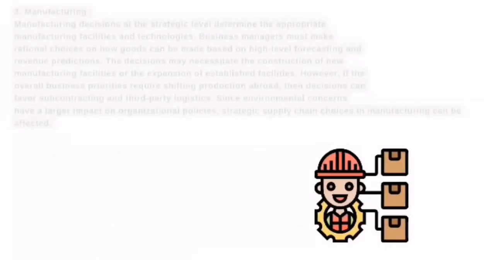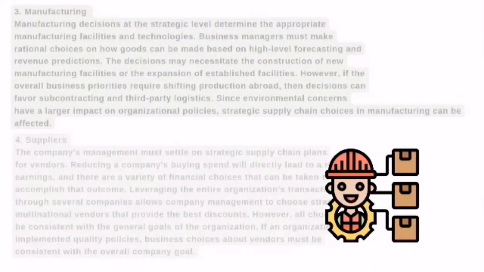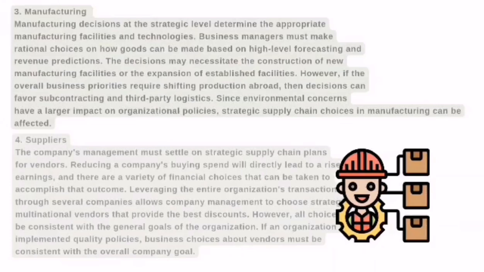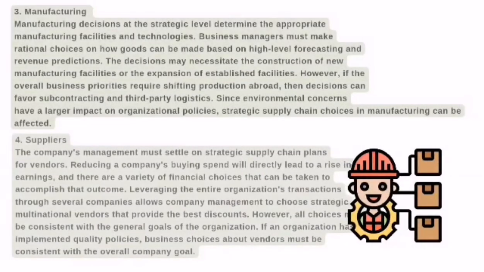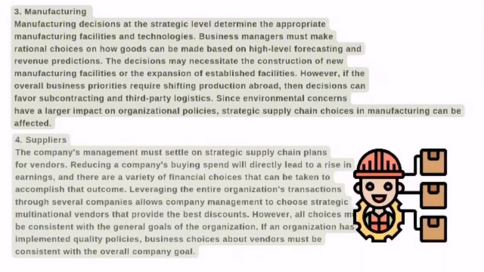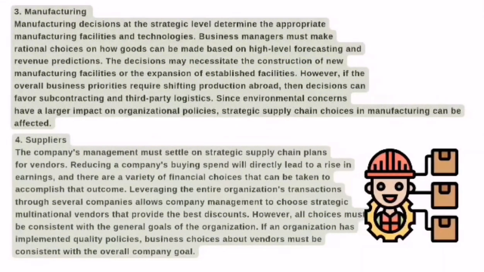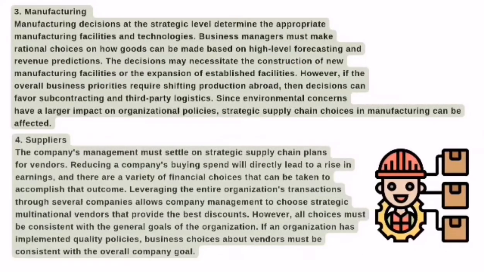Next is manufacturing. In the manufacturing, when companies make big decisions about how to make their products, they think about where to build factories. They decide whether to build new ones, expand existing ones, or have other companies make their products. And what kind of machine to use. They choose the best and most efficient ways to make their products.